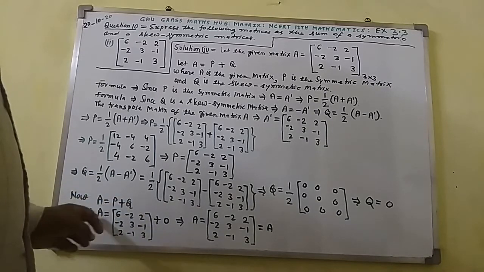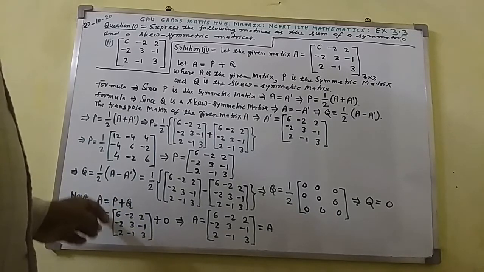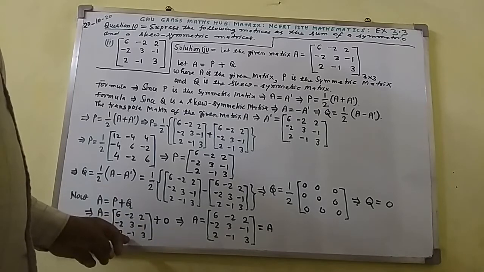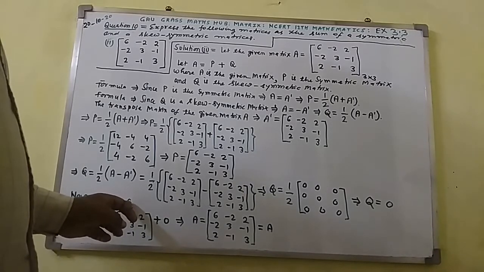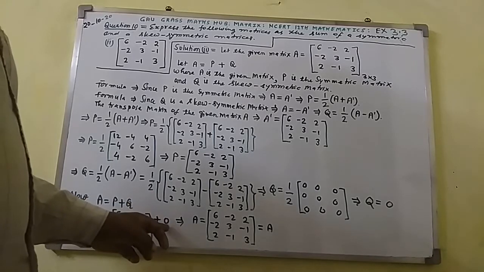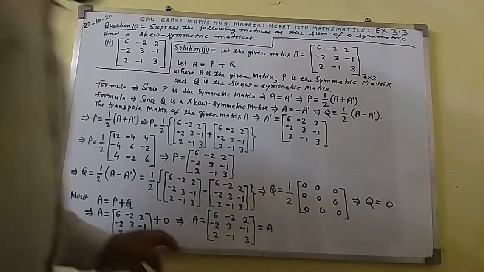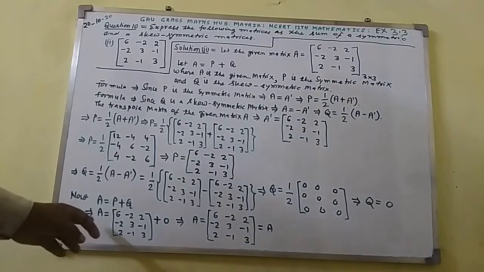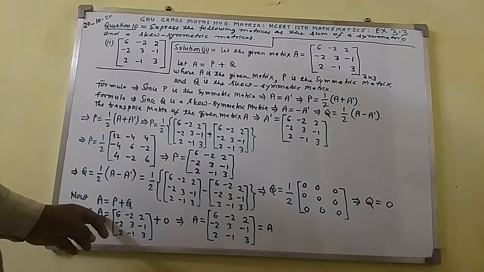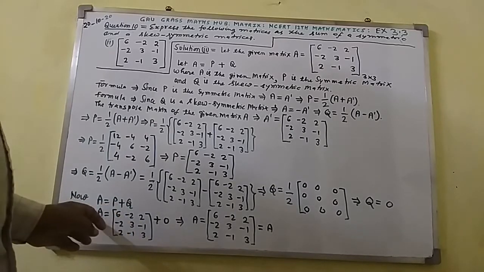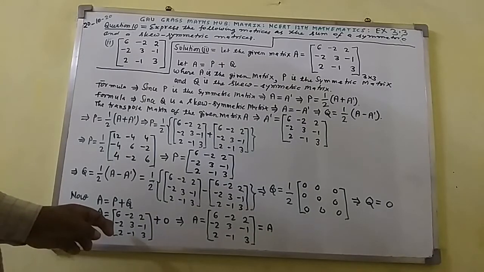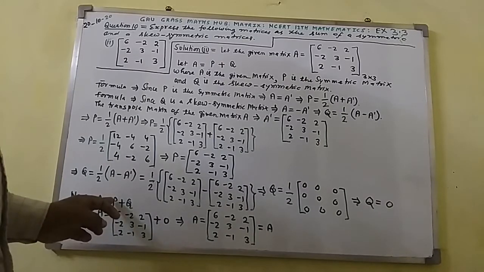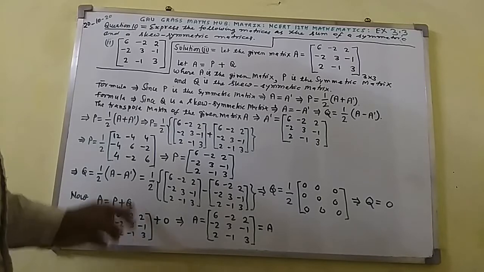So A equals P plus Q. Here P is the symmetric matrix and Q is the skew symmetric matrix, whose value is 0. So in the expression A equals P plus Q, A equals the symmetric matrix P plus Q equal to 0.